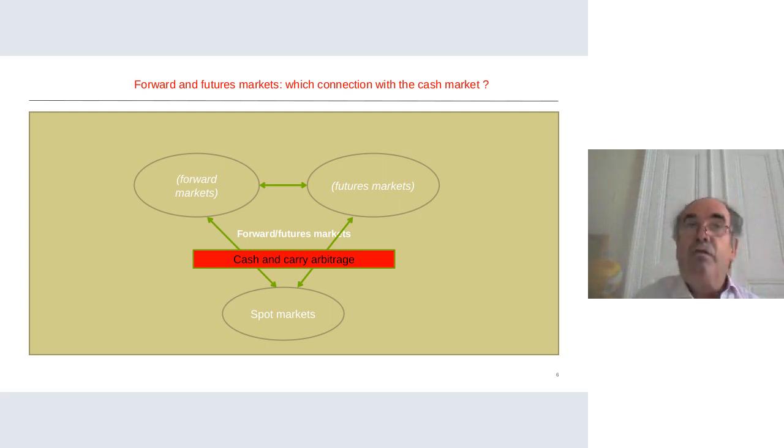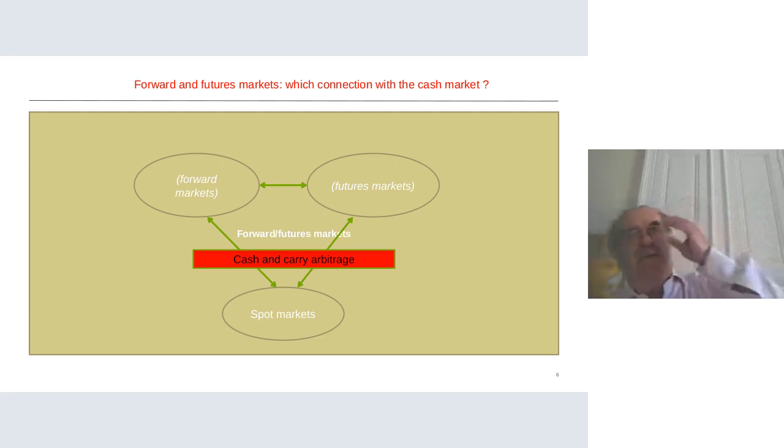You borrow money today over a 3 month horizon, you buy Amazon spot at 100, and you keep Amazon for 3 months. In 3 months, you will hold Amazon, and your cost of buying was 100 plus interest rate, which is close to zero in dollars, minus dividend if you have one, but without any dividend, it's just 100 plus interest rate.